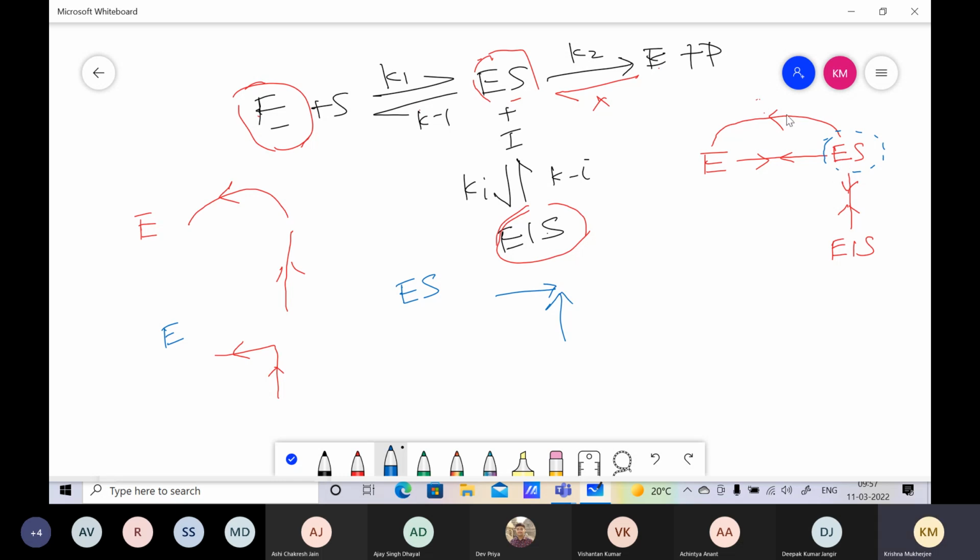Notice this fellow is not there for ES. This reaction here is not contributing to ES because it is going to E plus P, but E plus P is not forming ES. Okay, and EIS of course is very obvious. What is EIS? So this and this and this and this.